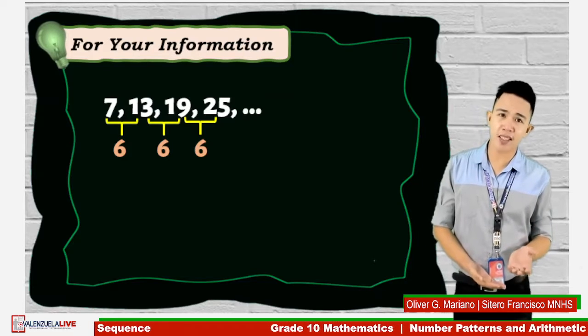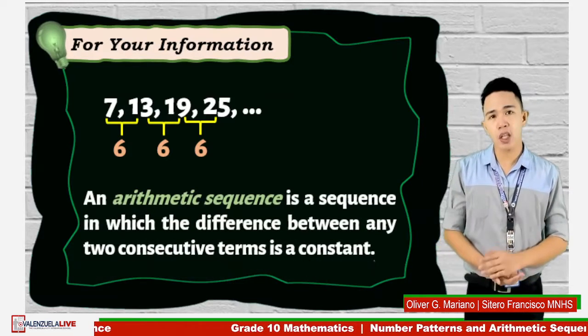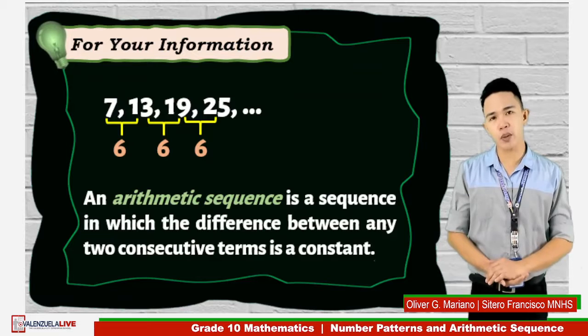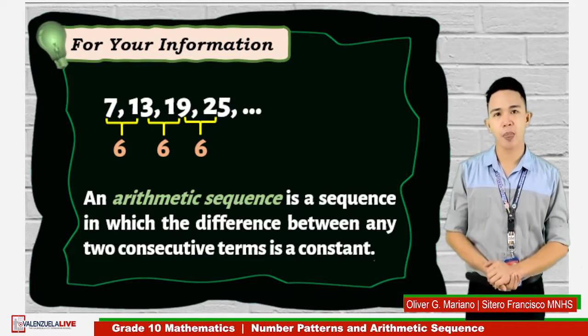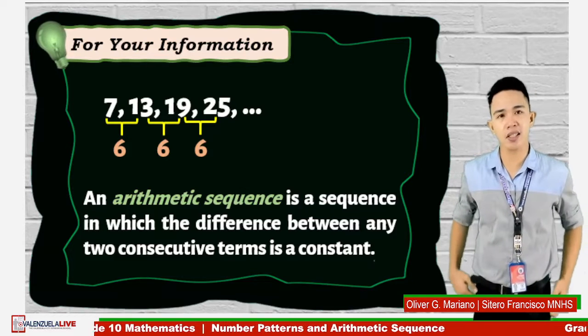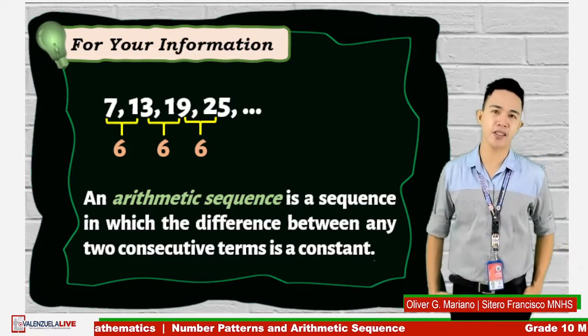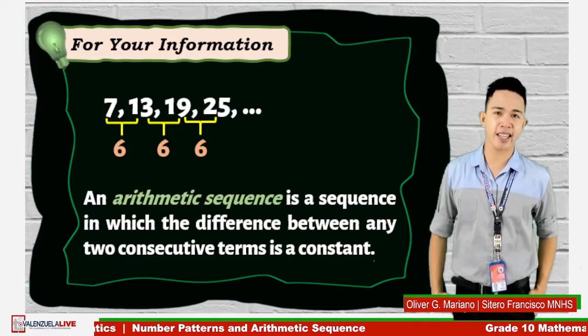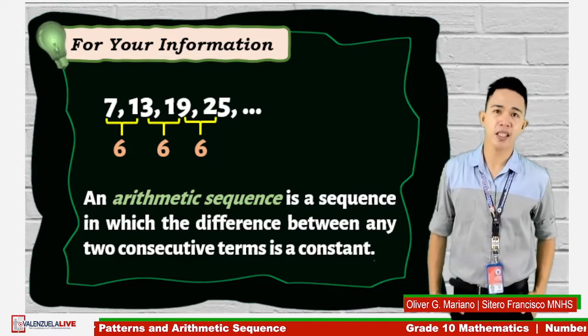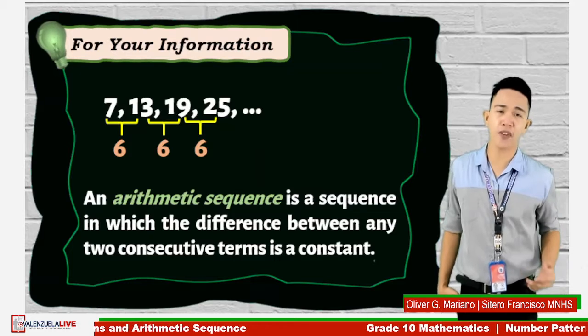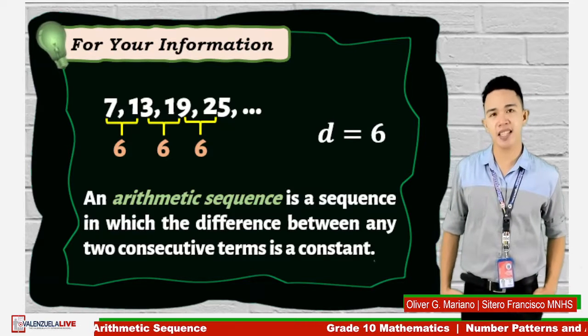An arithmetic sequence is a sequence in which the difference between any two consecutive terms is a constant. This constant is known as the common difference, which is denoted by d. Hence, the above sequence shows that the common difference is 6.